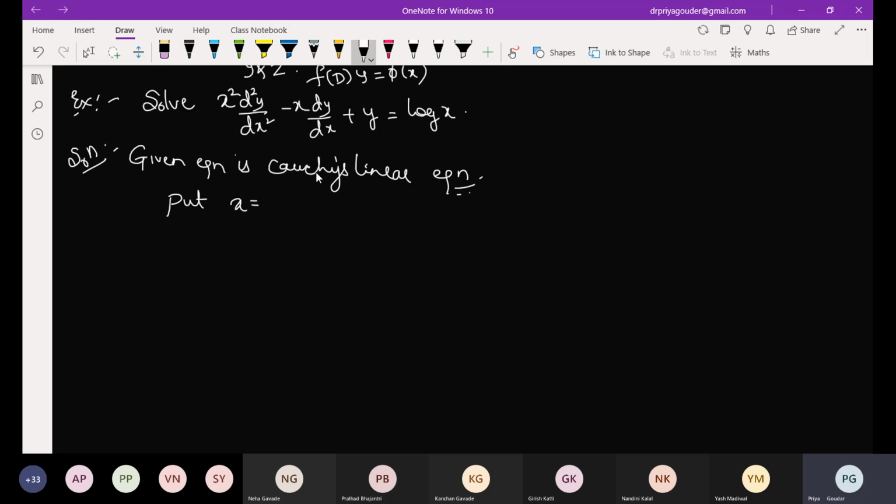Unless you change x, your D and all will not change. Tell me what I've taken first. Yes, x is equal to e raised to z, so z is log x. This is a compulsory step to be written. Okay, so if you go for this substitution, then if you take x dy by dx, what is the value of this?